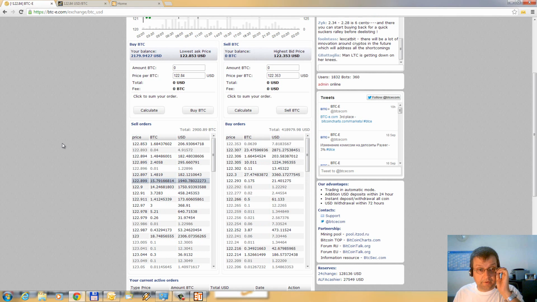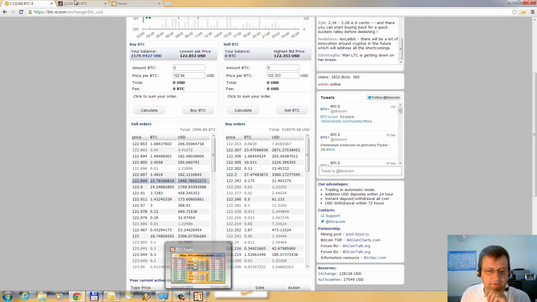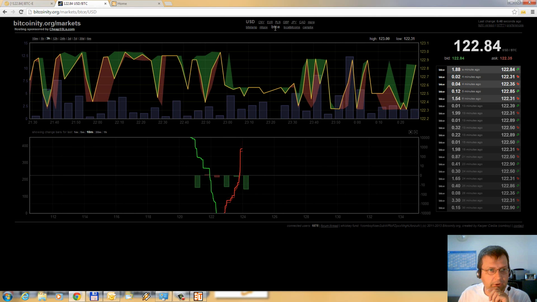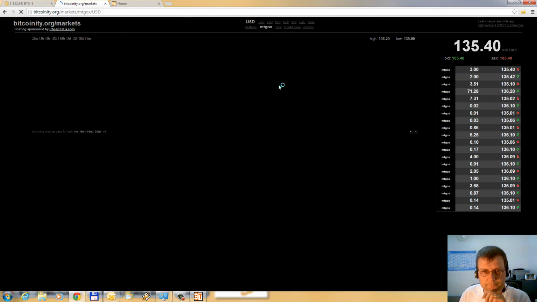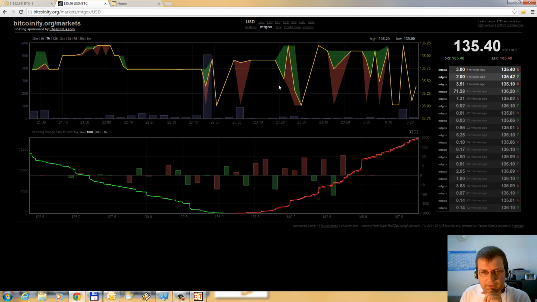Let's have a look at the Mt. Gox market and how it is different. On the Mt. Gox market, you can easily recognize that the price fluctuations are much larger than at BTCE.